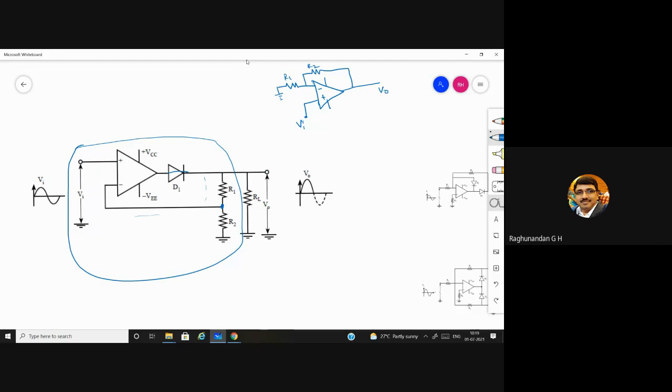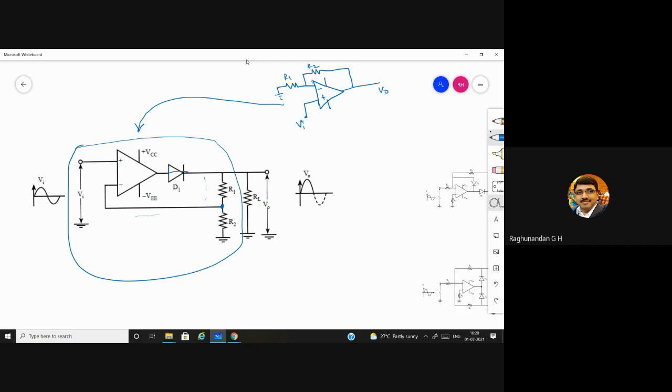Just compare this non-inverting amplifier with this structure. Is there any similarity? Yes, sir. Positive terminal is given input.